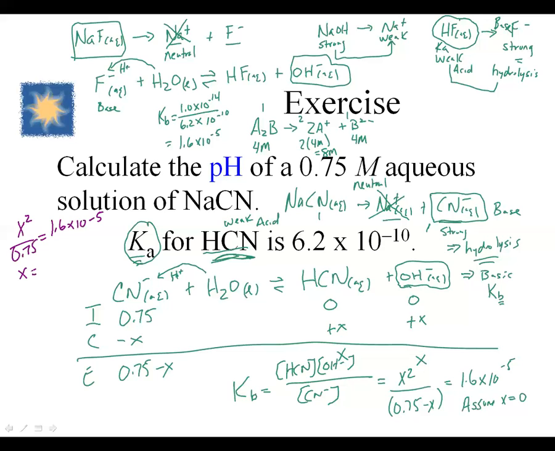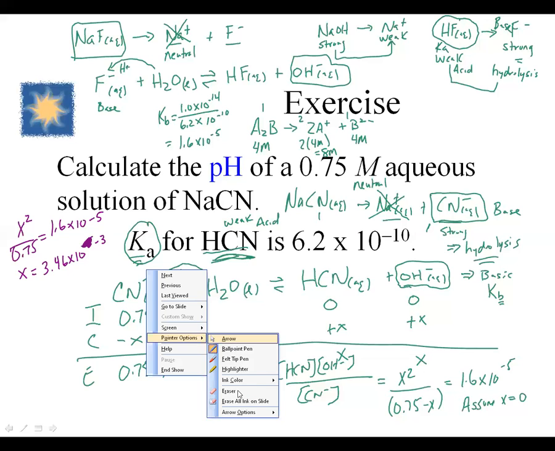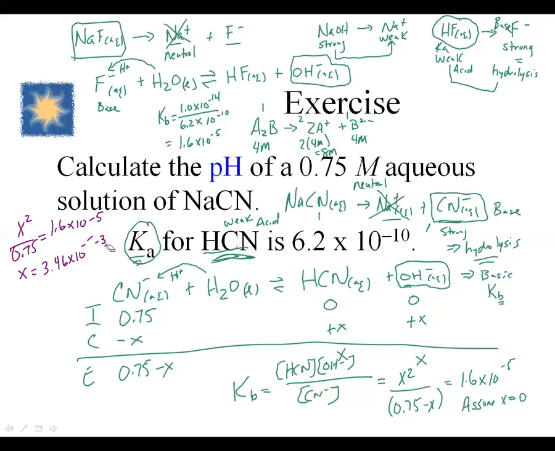And that gives us an x value of 3.46 times 10 to the minus 3. And we do want to check it. So again, usually you're in pretty good shape on these type of problems. But again, you probably should check it just to make sure.